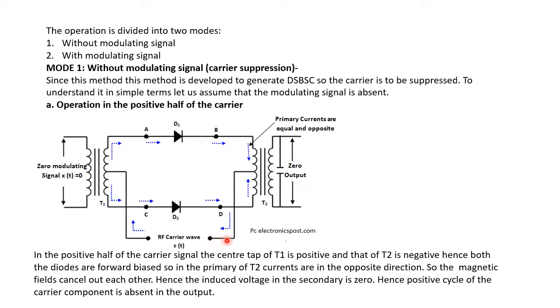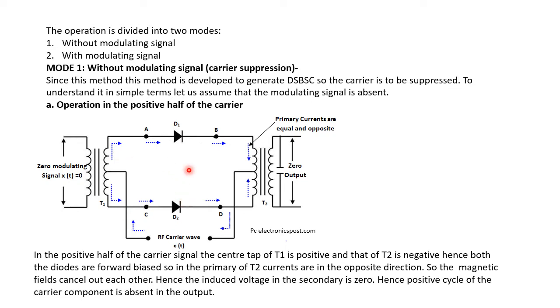So the negative potential is connected to the center tapping of the transformer T2. Therefore, the N side of diode D1 as well as of diode D2 are placed at the negative potential. Therefore, for the positive half cycle of RF carrier wave, both the diodes D1 and D2 are forward biased.